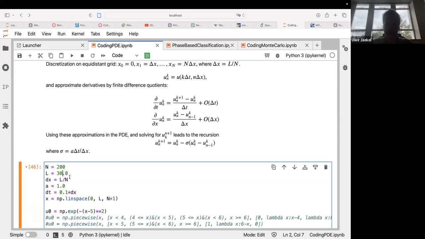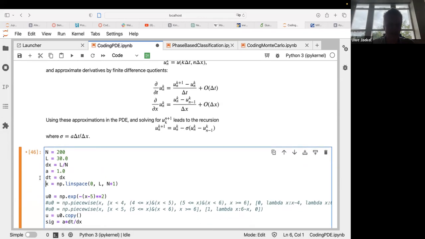So the length of the system is 30. dx then is the length divided by the number of steps that we have. The transport velocity is 1. I didn't say what the relation is between the step that we make in the time direction and the grid size. Let's assume these are the same for the moment. We will get rid of this assumption, but let's assume for the moment that these are the same.